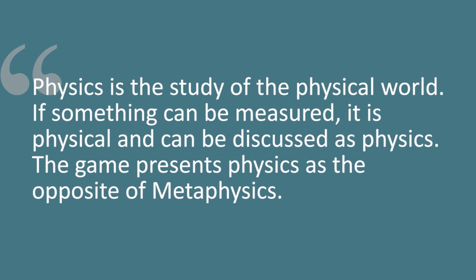Okay, now where we're going with all this are these last two words. And the first one is physical. Physical is going to be defined this way. Physics is the study of the physical world. If something can be measured, it is physical and can be discussed as physics. The game presents physics as the opposite of metaphysics.